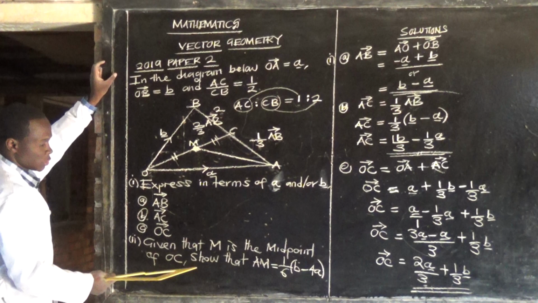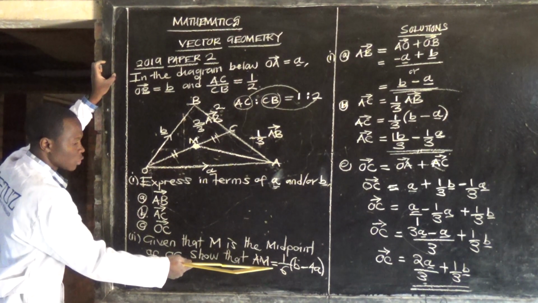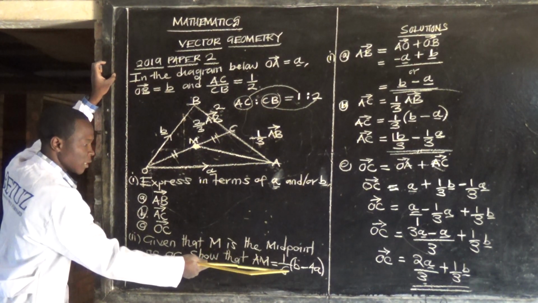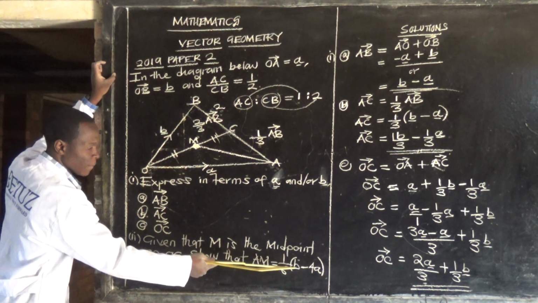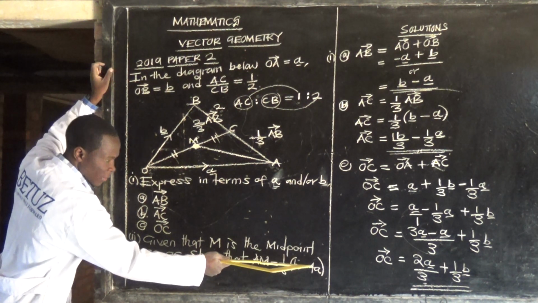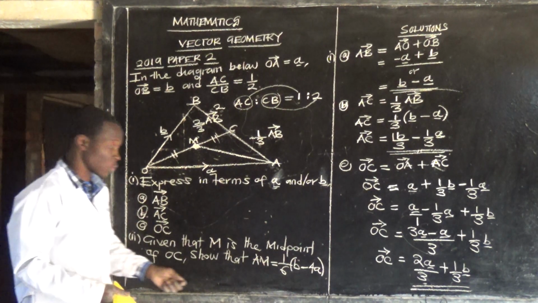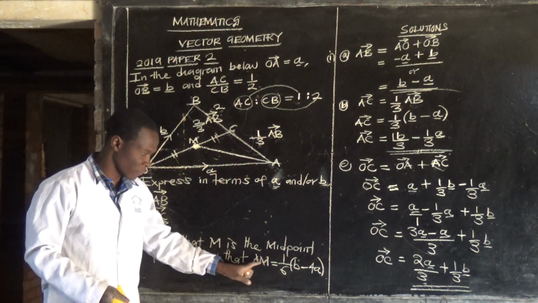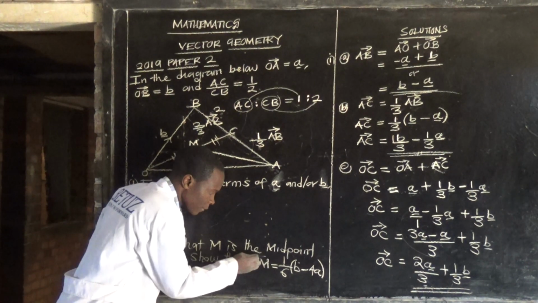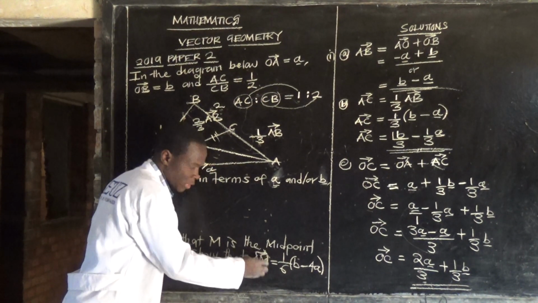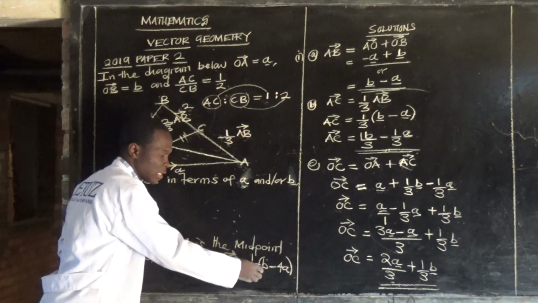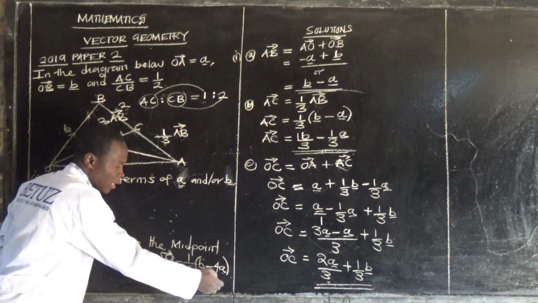Show that AM is equal to 1 over 6, open brackets, B minus 4 vector A, close. They want us to show that AM, from A to M, is equal to 1 over 6, open brackets, B minus 4 vector A, close.